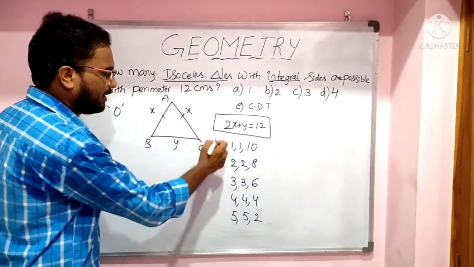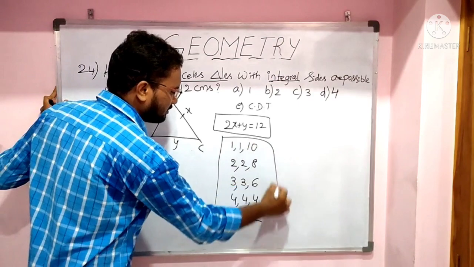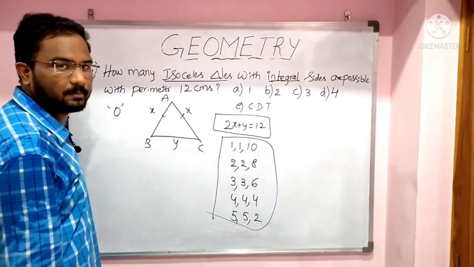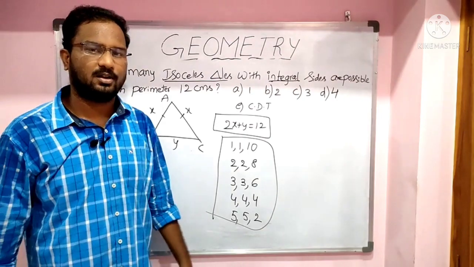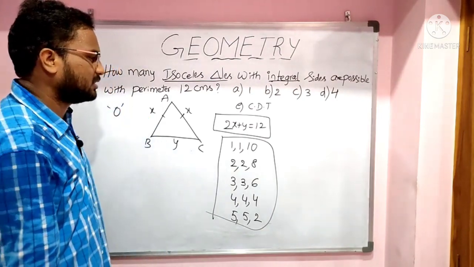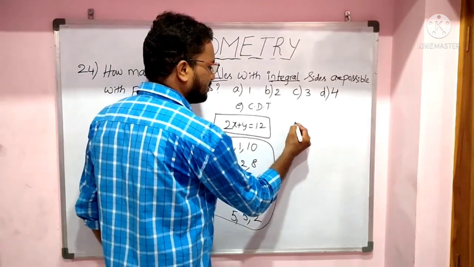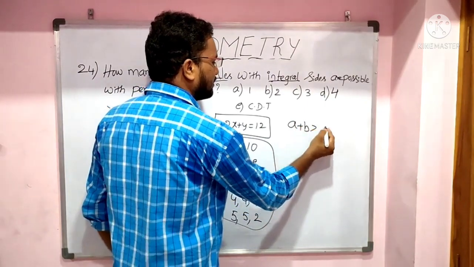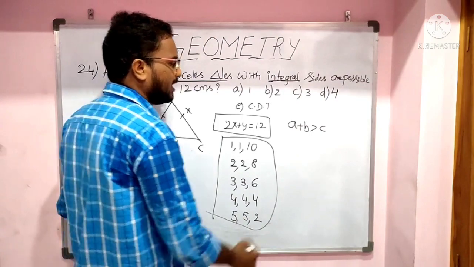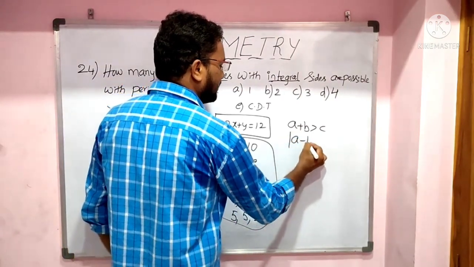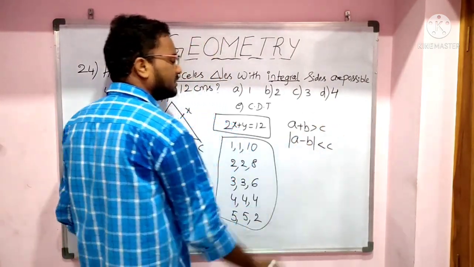So we have these set of pairs. We have a condition for a triangle to be formed: the sum of any two sides should be greater than the third side, and the difference of any two sides should be less than the third side.